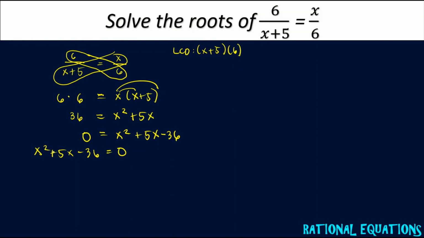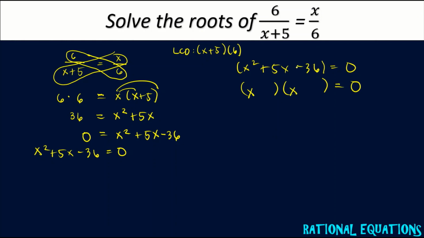Since this equation is factorable, let us factor it. We will have x squared plus 5x minus 36 equals 0. And we have two sets of open and closed parentheses. Then, we get the factors of x squared: one x here, and the other side is x.